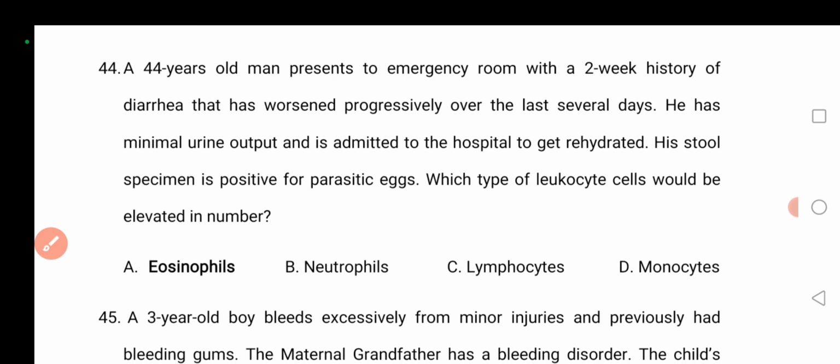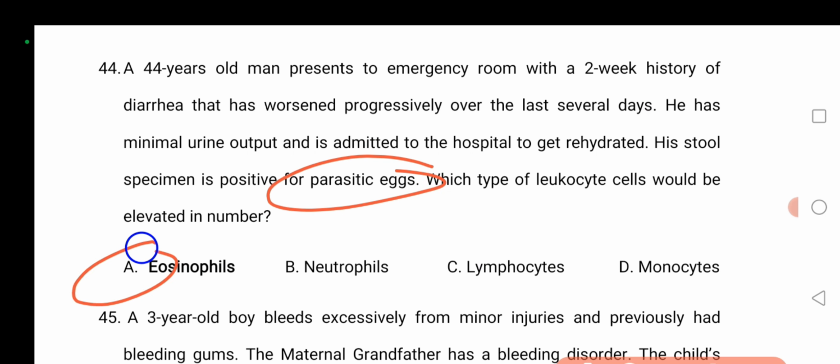Number 44 says a 44-year-old man presents to the emergency room with a 2-week history of diarrhea that has worsened progressively over the last several days and has minimal urine output, and is admitted to hospital dehydrated. His stool specimen is positive for parasitic eggs. Which type of leukocyte will be elevated in number? So during parasitic infection, which one will be elevated?